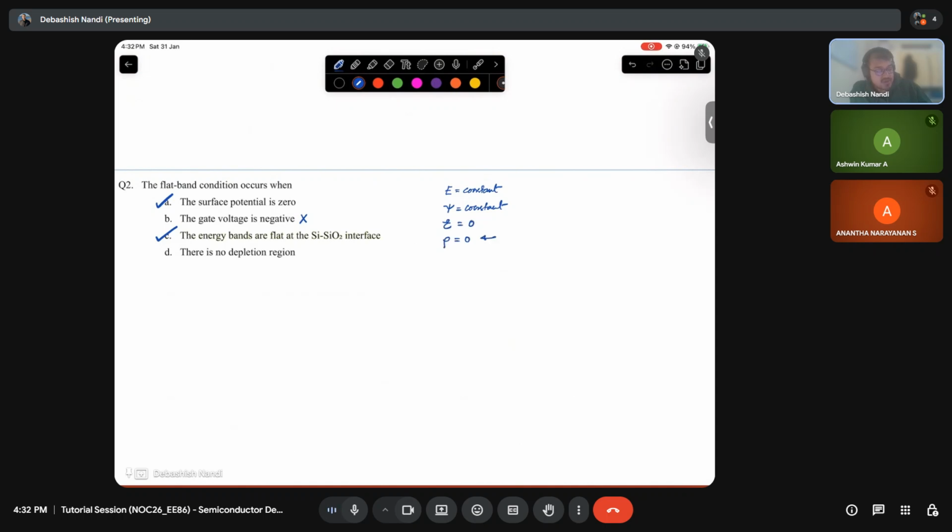If rho is zero, there is no charge inside the semiconductor. Right? So for flat band, I do not have a depletion region. Fine. Is it okay?